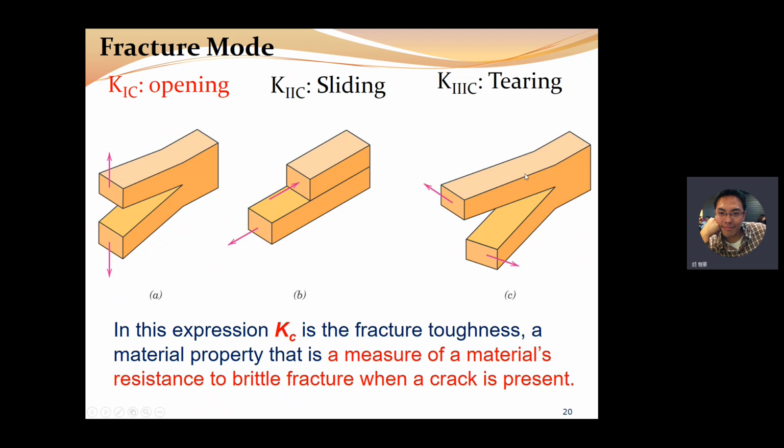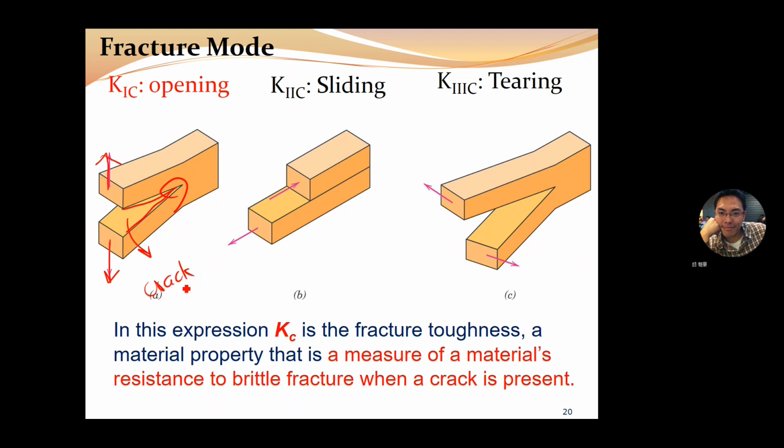So let's look at the fracture modes. We have three types of fracture mode. The first one is called opening. That means we have the crack here. This is our crack, and this is the crack tip, and the applied stress is to open the crack.